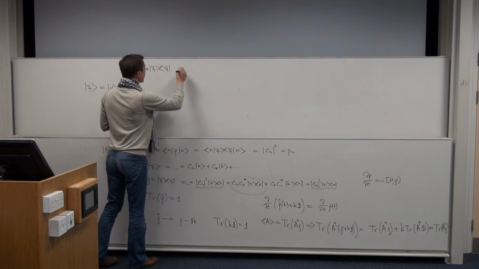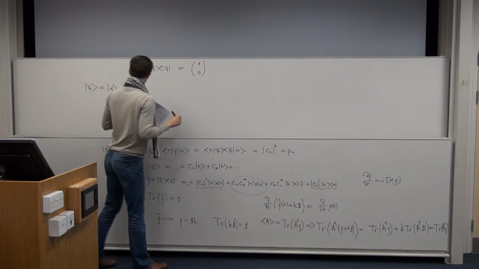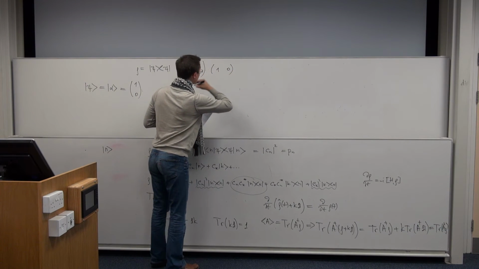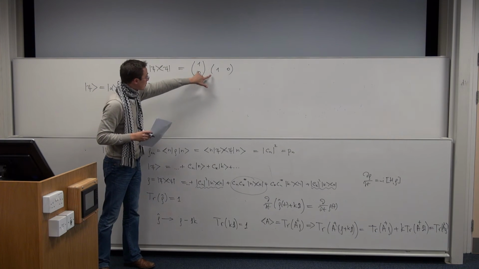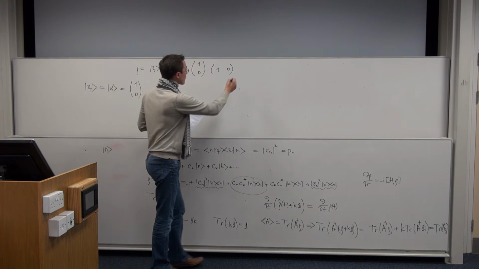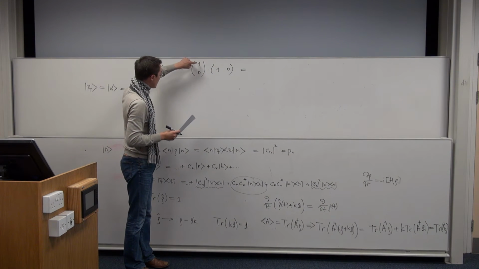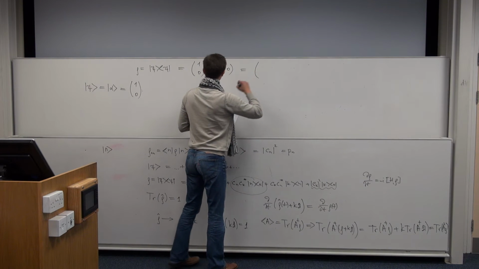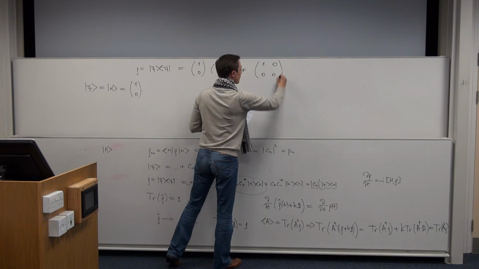So psi, that is 1, 0, times psi conjugate transpose, 1, 0. This is a Kronecker product. You can see the terms are the wrong way around for a vector-vector product. So the Kronecker product is just take this matrix, multiply by each element of that matrix and stack them together. So what we've got is 1, 0, 0, 0.